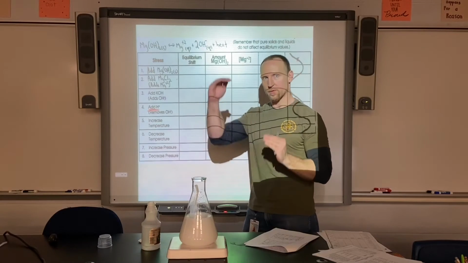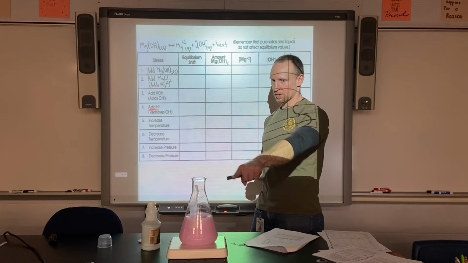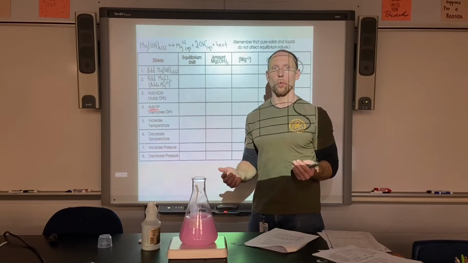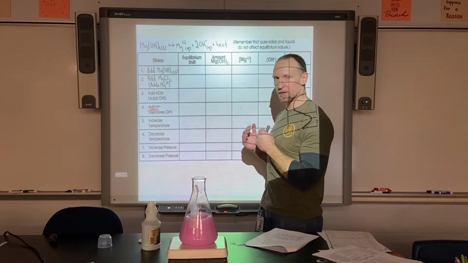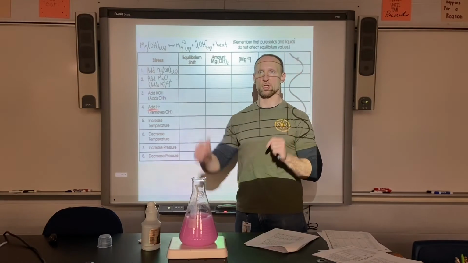So now we've changed the concentration of H and OH, but look what's happening. It's turning pink again. Slowly it's turning pink again. Why is it turning pink again? Because the equilibrium is shifting and the system is responding by reducing the change, right?